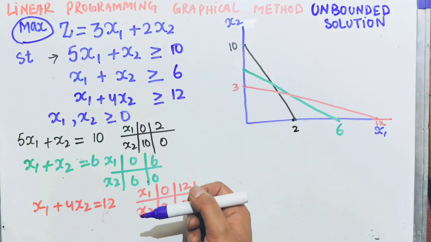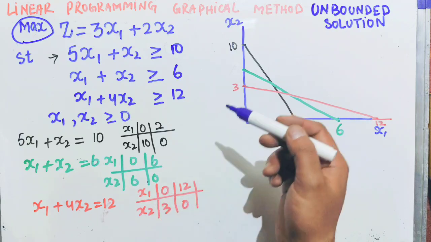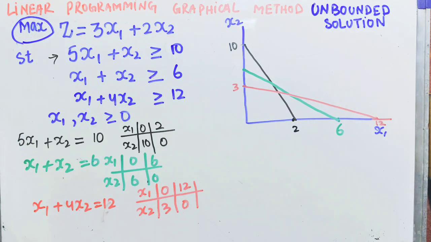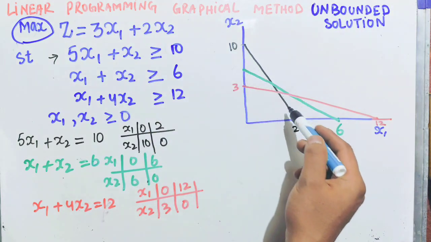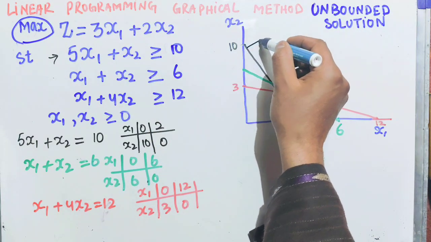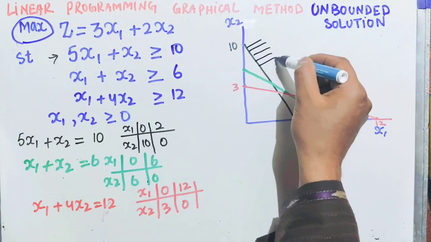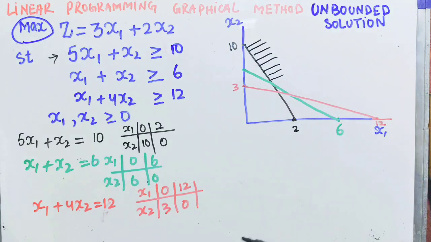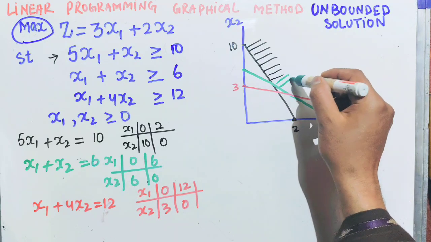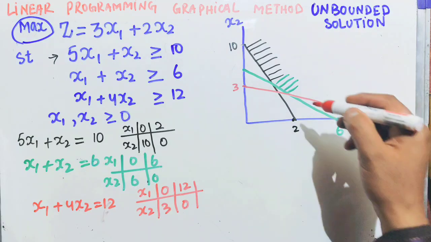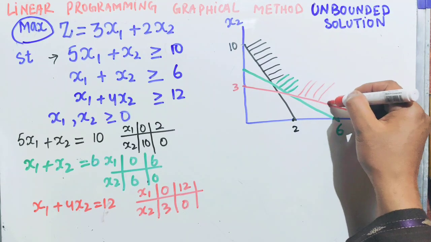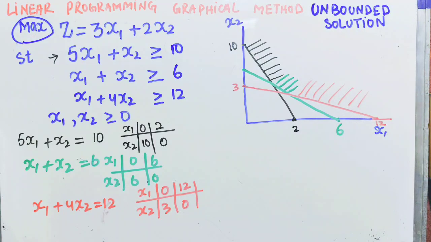Okay, so you can see in this case what we need to do, for this black line we need to shade the area above. In this line also we need to shade the above area because we have greater or equal to, and in the red line also we need to shade the above area. So we will get an unbounded solution.